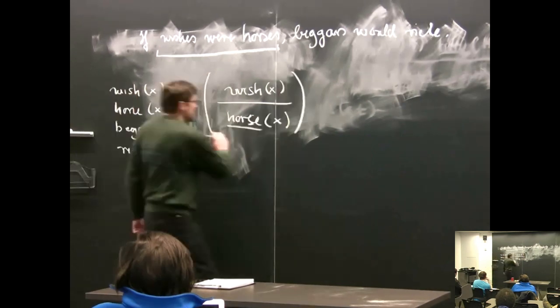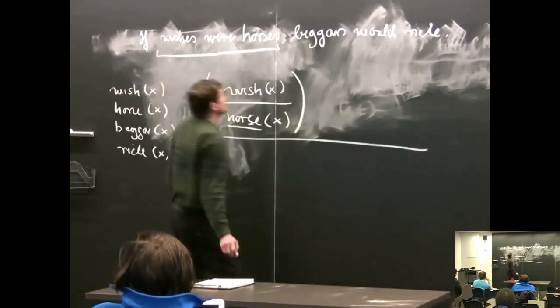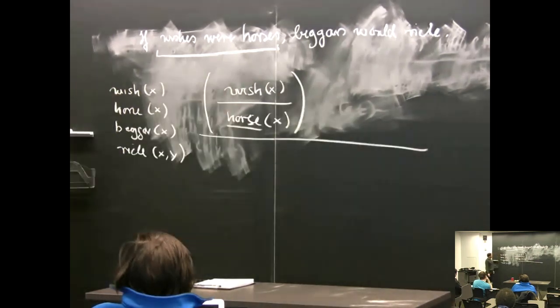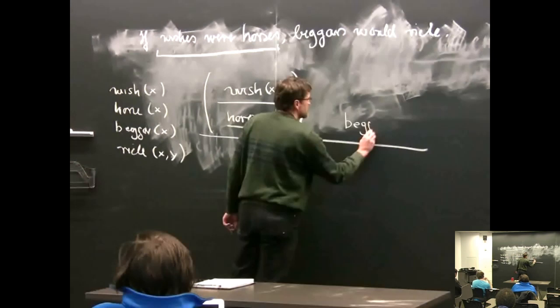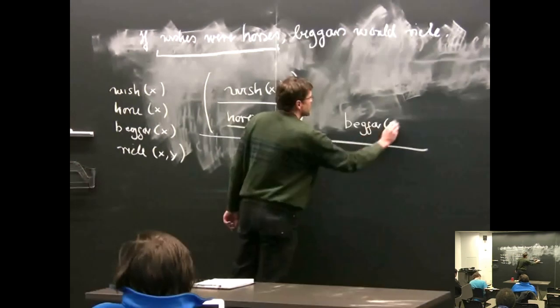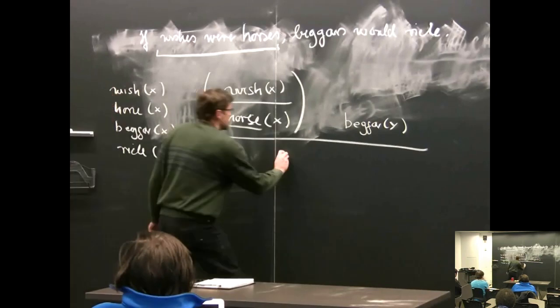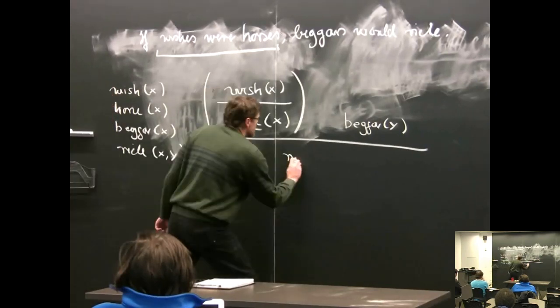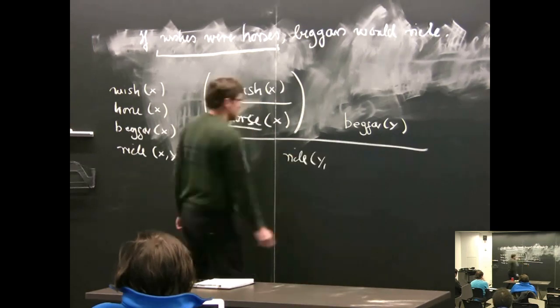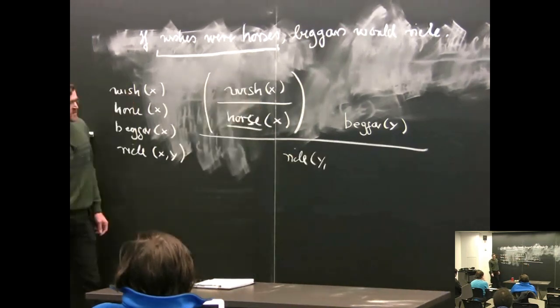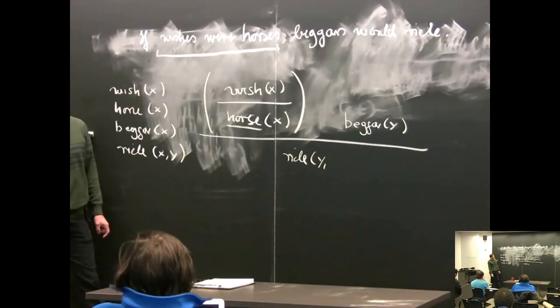Then, if y is a beggar, then y rides x. The original saying doesn't say what they would ride. We'll assume they're riding horses. Motorcycles didn't really exist back in those days.